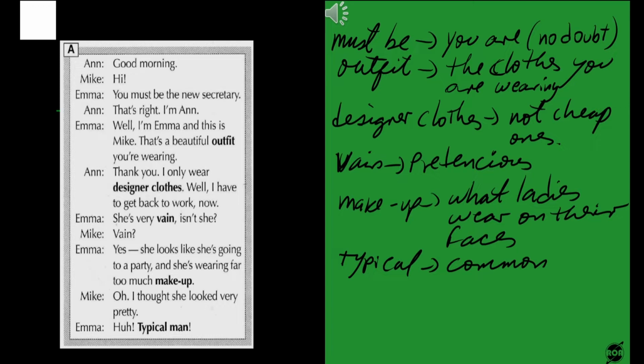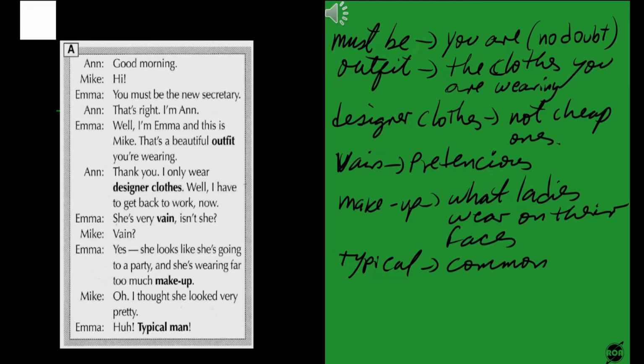Designer clothes refers to clothes that are specially designed. Let's say not these cheap clothes that we can get at any stores, but clothes that have labels and are made by important designers. Then when Emma says she's very vain, vain refers to a person that is pretentious.